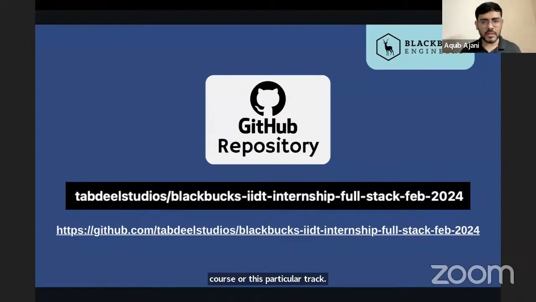Everything about the sessions is available in this repository. Okay, the installation instructions are available in this link. The code files that we have written in the sessions are available in this link. The PPTs that I'm using in the sessions are available in this link. I will also be adding all the recording links in this link as well.